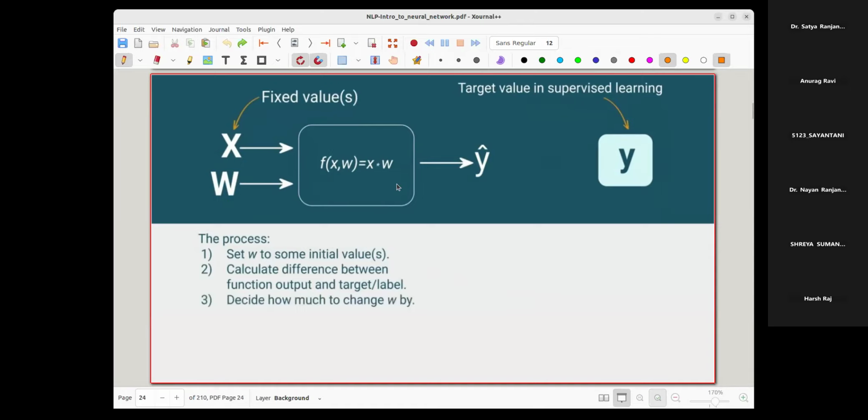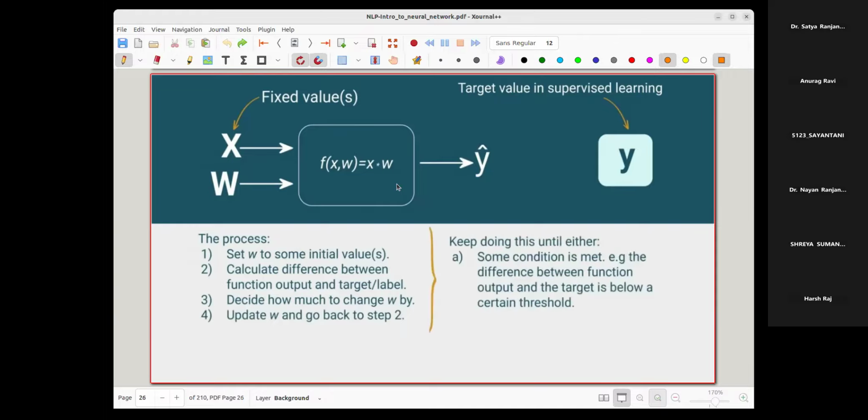Now decide how much to change W so that the prediction equals the target. So you update W, go back to step 2, calculate the difference between Y cap and Y again, and see how big the difference is. If it is close, it's okay. If not, you go back and change W again.